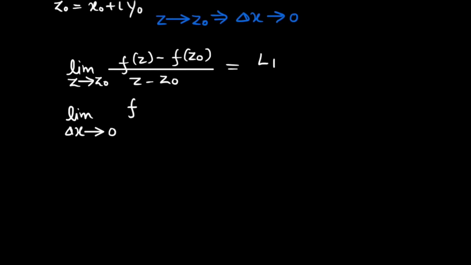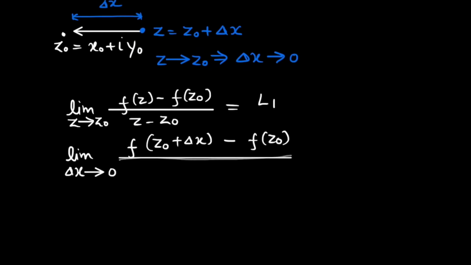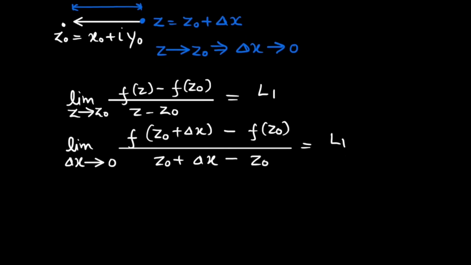And f of z, where z is z naught plus delta x, minus f of z naught over z, which is z naught plus delta x minus z naught, and this equals L1. Okay.